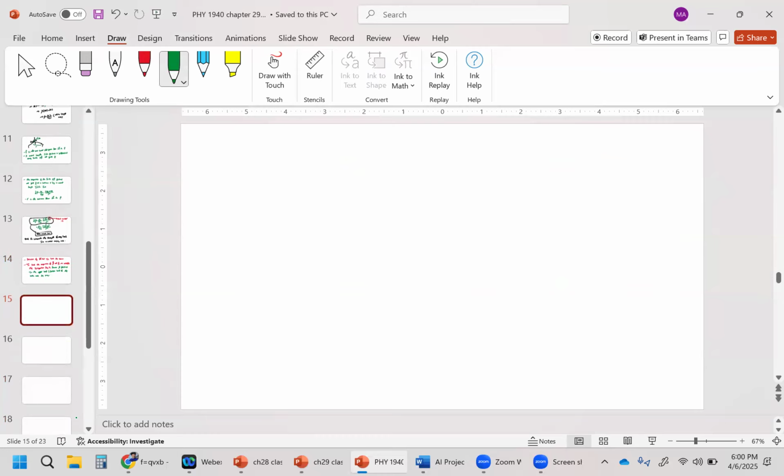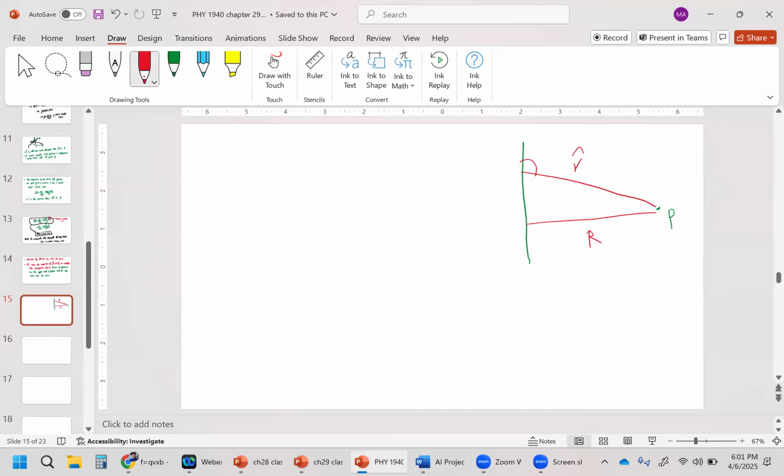Let me go ahead and draw my wire. This is my wire over here. Let's say I got a point P over here. And I'm just going to go like this. This is going to be your R hat. And I'm going to call the distance over here big R, just to make it different than little r, so we won't be confused.